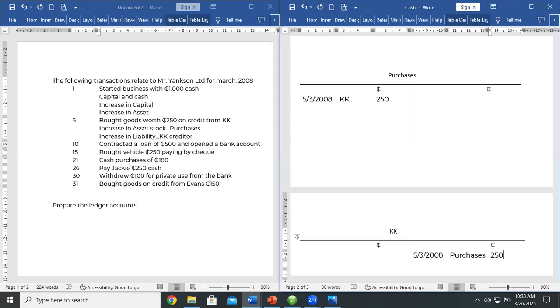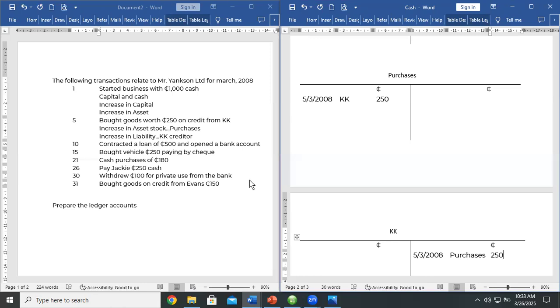And that is all. So anytime you see bought goods or purchased goods, the purchases account is the first one. Then the other account could be a creditor, cash, or bank. Let's look at the 10th March transaction, and then we'll continue in the next session.